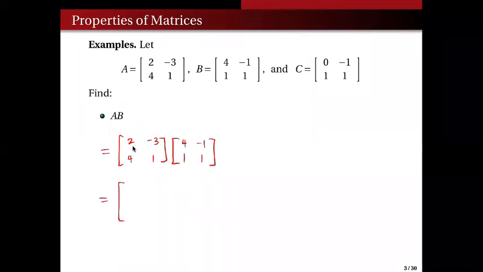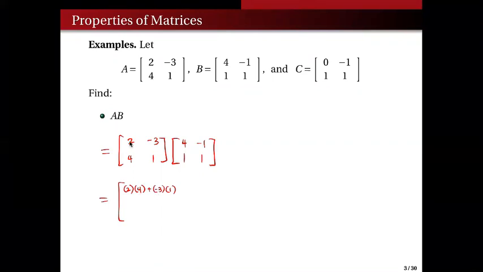First row, 2, negative 3. Let us multiply to the first column. So first row, first column. In the product, it will be in the entry 1, 1. So you have here 2 times 4 plus negative 3 times 1. So first row, first column, 1, 1 entry.